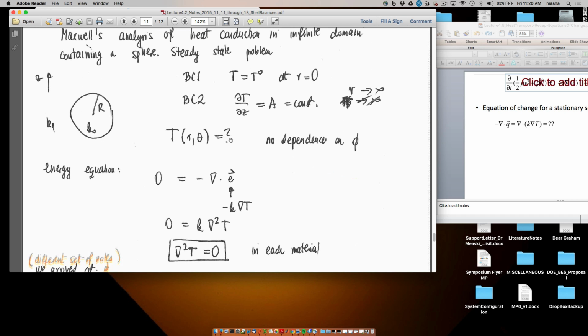On the face of it, it looks like this simple equation has to be solved everywhere, except that you have to look at it separately in each material and then match the solution on the boundary in order to have a solution for the entire system. Otherwise the Laplacian of T equal to 0 would fool me into thinking that I don't depend on thermal conductivity at all.